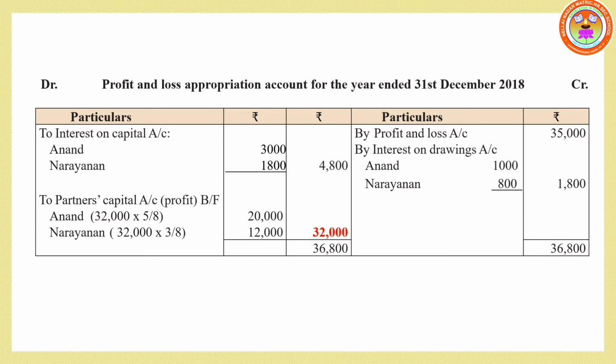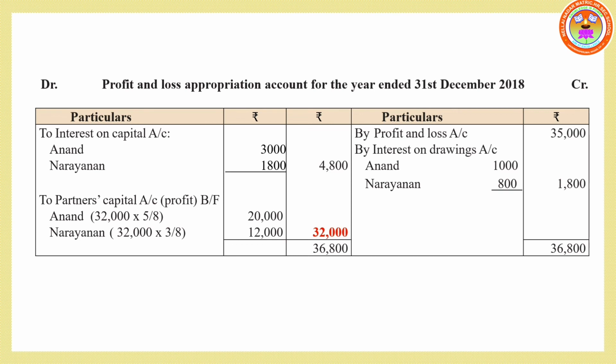So this profit will be shared among these two partners. To partners' capital account, profit for the partners, the balancing figure. How do they share? Out of profit 32,000, look at the agreed ratio, 5:3. So 32,000 into 5 by 8 for Anand. Do the calculation, we got 20,000 share of profit for Anand.